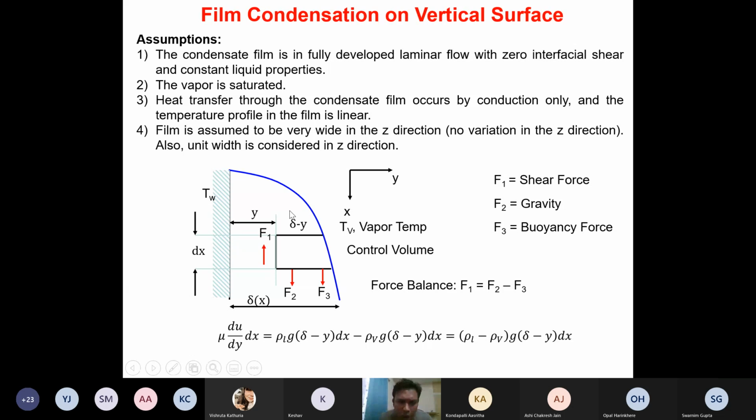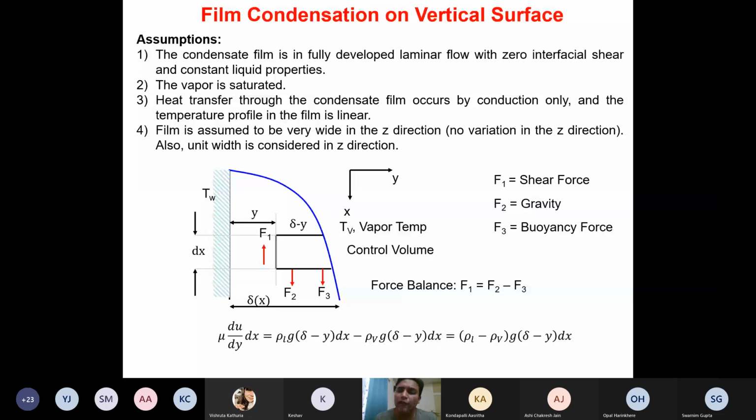The thickness of this is dx, and the width of this particular shell is very small, and therefore even though there is a curved surface here, you can still consider this as a rectangular box. Is it clear? Sir, it's clear. Okay.